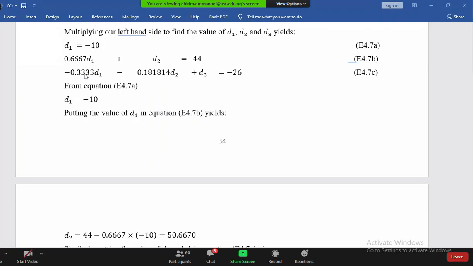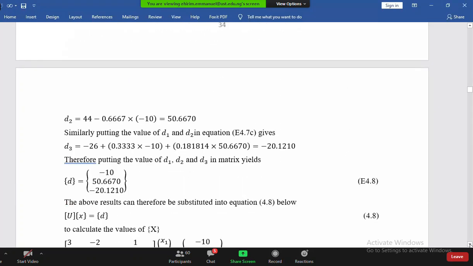It will be 3.33 something times 50 minus 50 times this. If you carry this plus to the other side, it becomes minus 26 minus 3.333, and plus, because it is minus here and goes to the other side as plus. So when you do that, let's see what we have. It's minus 20.1210. Correct, so that's what we have.